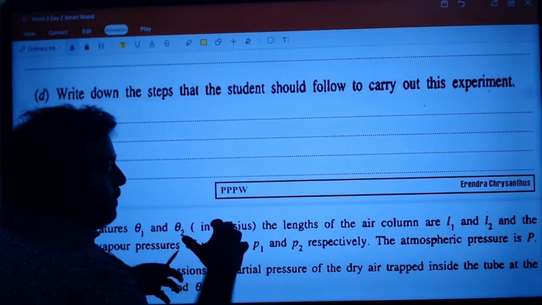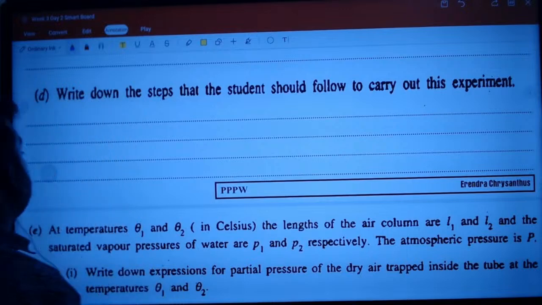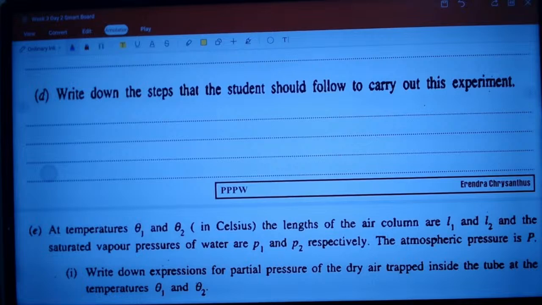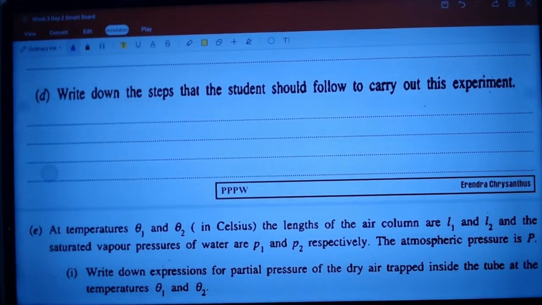Repeat this for many different readings. We increase the temperature of water and continuously stir.